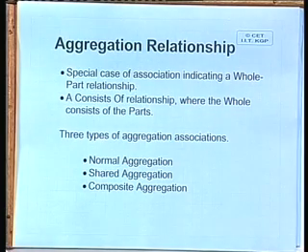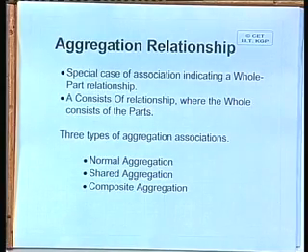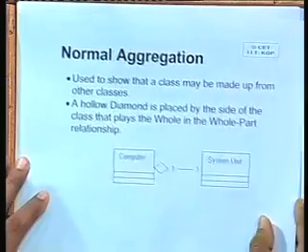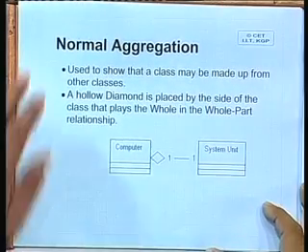But this one is the aggregation relationship, or otherwise called the whole part relationship. Again, the aggregation associations are basically three types: normal aggregation, shared aggregation and the composite aggregation. Alright, so the whole part understanding could be very important when it comes to relationship of classes.